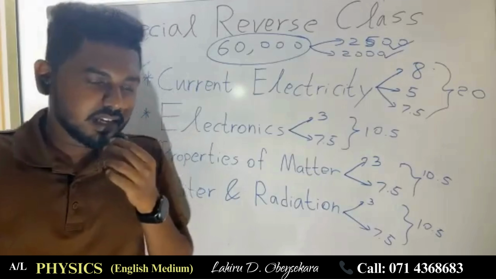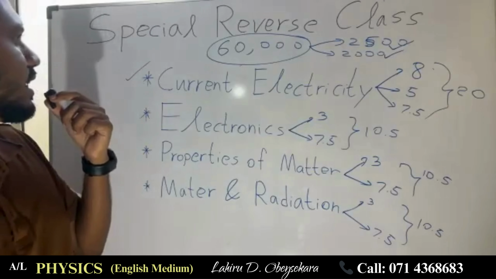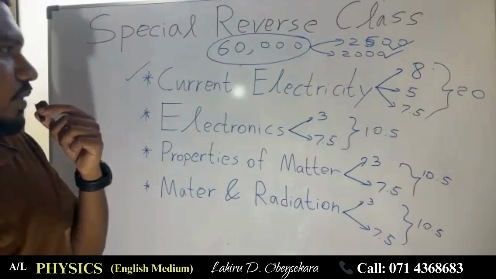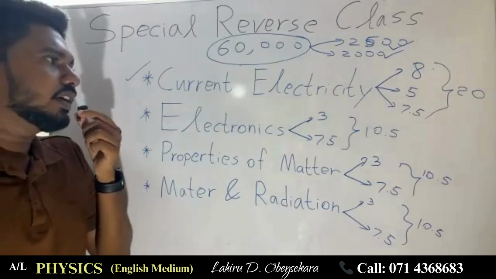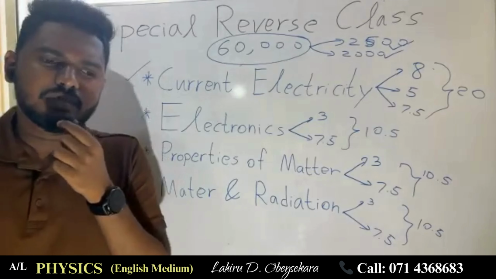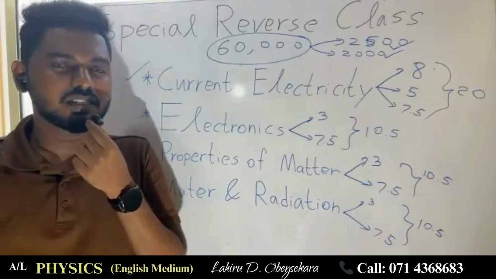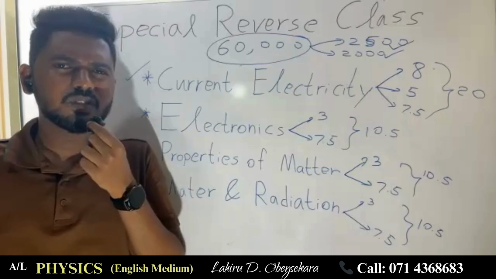Now I'm talking about the importance of these lessons. We saw that there are 50 marks out of our A level syllabus. I think you now have proper knowledge of this, so let's go with this special revision class.